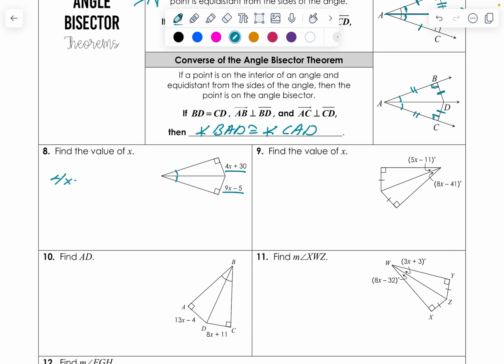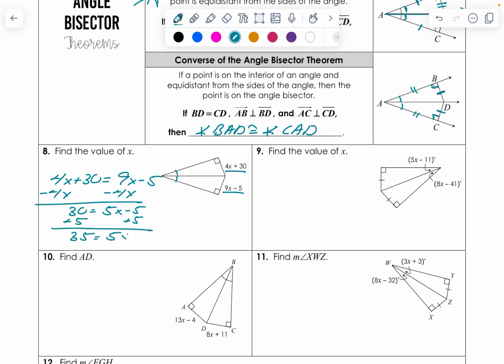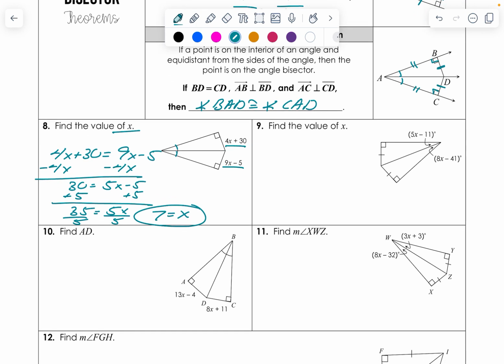So we have 4x plus 30 is equal to 9x minus 5. So we're going to solve these. 30 equals 5x minus 5, add 5. 35 equals 5x. 7 equals x. And that's what we're looking for. We can see these are equal distance, perpendicular, which means these are equal.